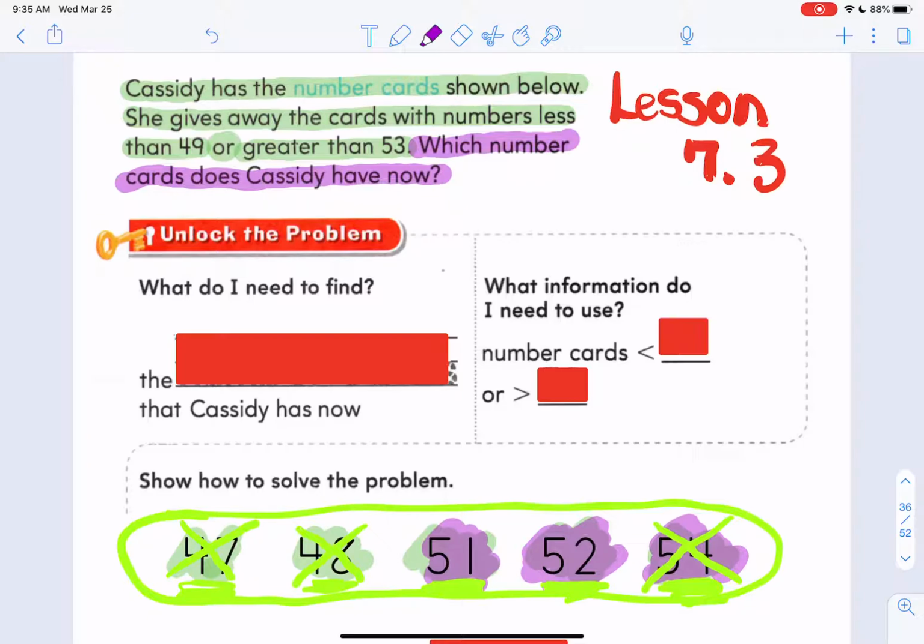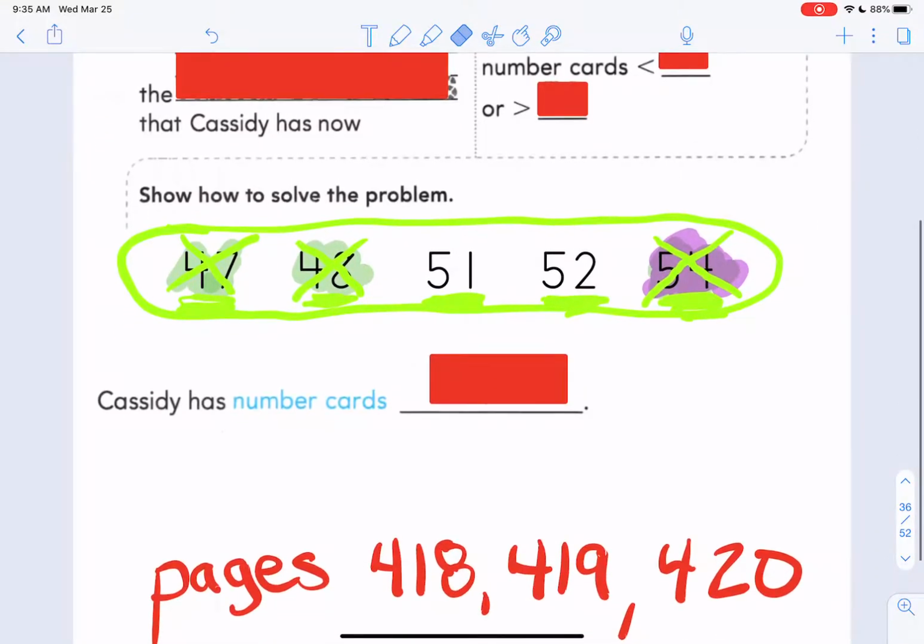Well, all we have to do is look at the number cards and see which ones are left. And there's only two that are left, 51 and 52. And so that's my answer. And I go to the bottom. It says Cassidy has number cards, and that's where they want you to write your answer. I'm going to show you 51 and 52.